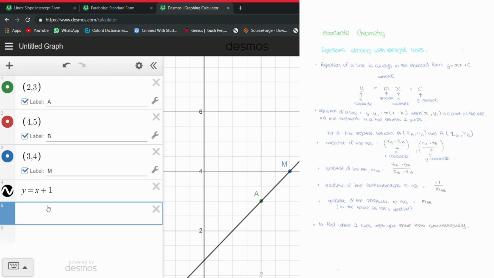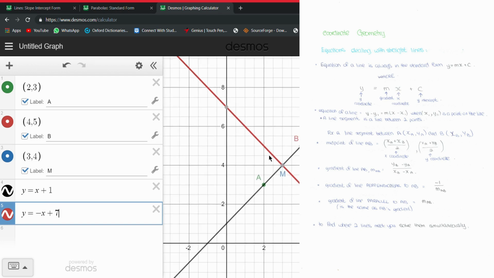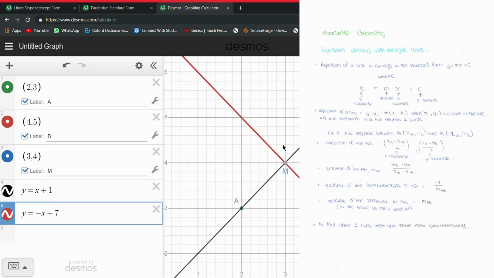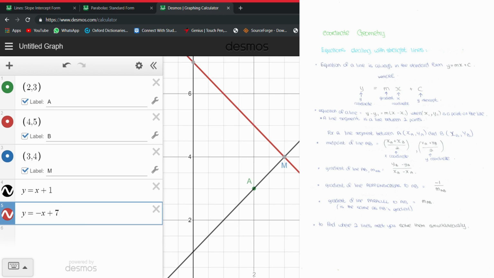So now, if we put y is equal to -x plus 7 in here, we get the equation of the perpendicular bisector of the line. Hooray! Okay, that's pretty much all there is to know.